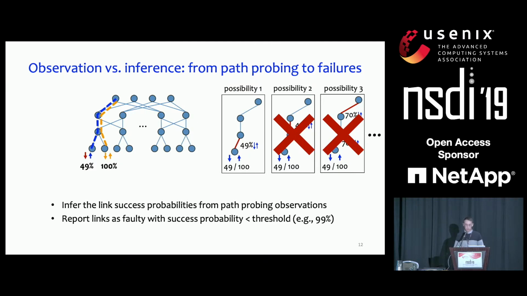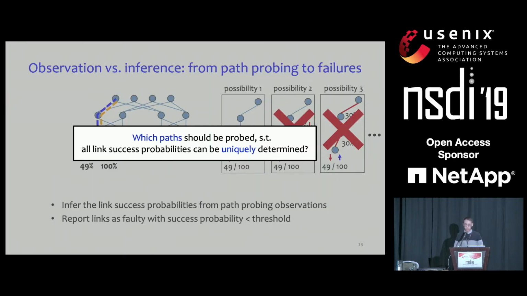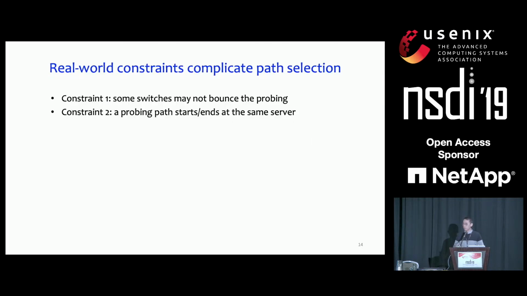In order to figure out all the link success probabilities, a natural question that follows is which paths should be probed so that all the link success probabilities can be uniquely determined. In a production environment, this is not necessarily an easy question to answer due to two real-world constraints.